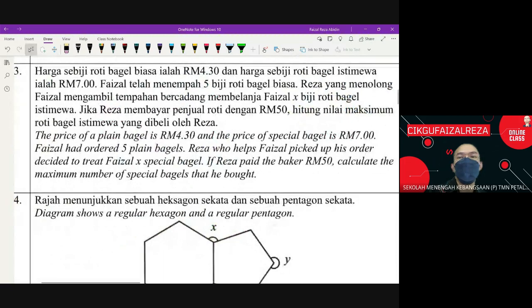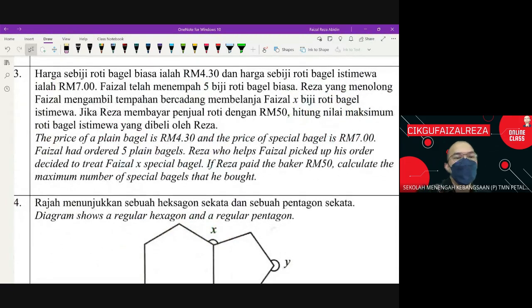Question number 3. The price of a plain bagel. Bagel, you know bagel? Oh, black donut. The price of a plain bagel is 4 ringgit and 30 cents, special 7 ringgit. Faizal ordered 5 plain bagels. Plain bagel 4.30, so Faizal got 5 plain bagels already.